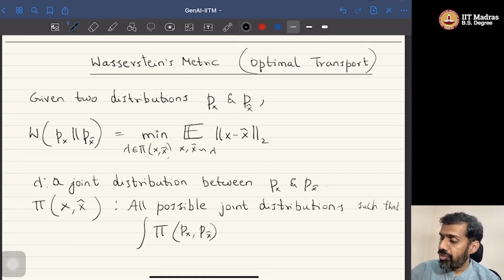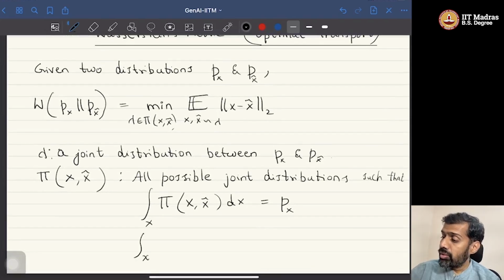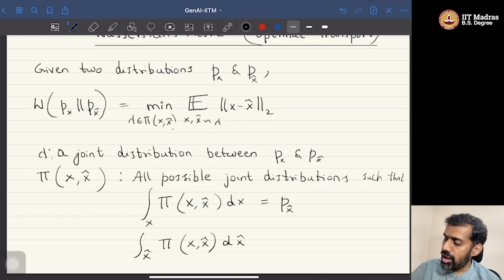I'll explain this in a bit. So if we marginalize this joint distribution with respect to x, what we get is px, and if we marginalize this joint distribution with respect to x cap, we get p x cap. Okay, so now what we are saying here is the following.